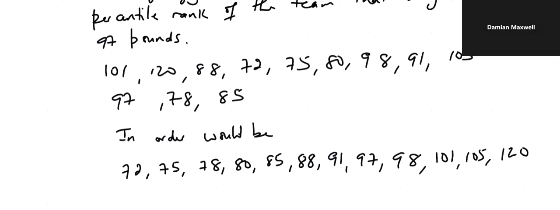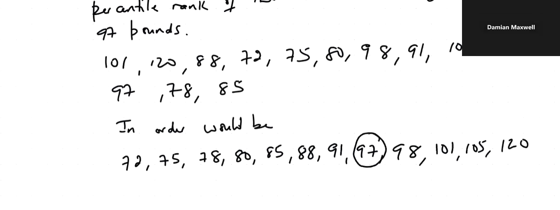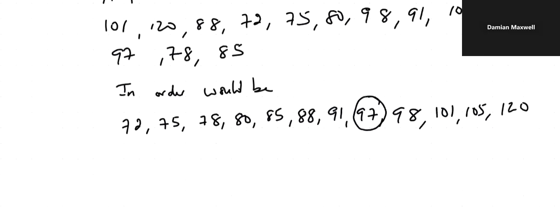So this is 97 here. So what you're going to do is to find out how many data values are less than 97. Count up all of these: 7. So find the percentage. It's going to be 7 divided by the total number of data values. How many data values do we have in total? 12. And then times that by 100%.